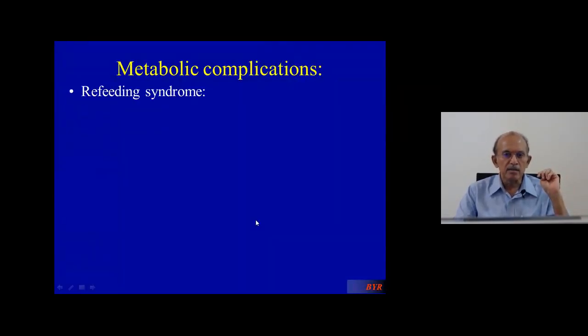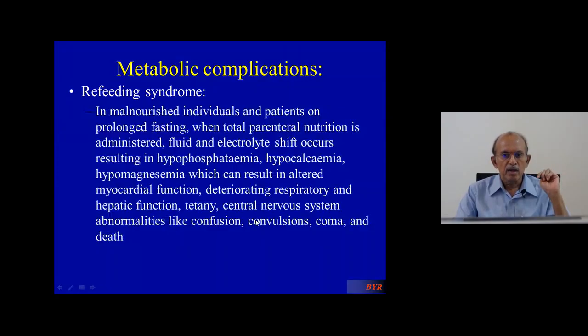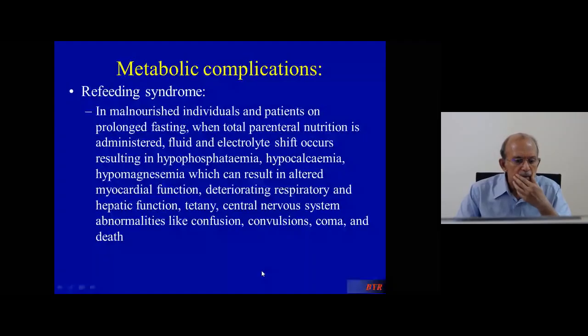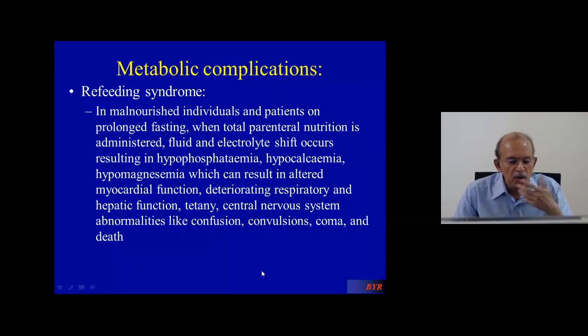Metabolic complications: refeeding syndrome in malnourished individuals and patients on prolonged fasting. Now if you give nutrients through the veins, they will go into the blood. Through the blood, they will go to the tissues.